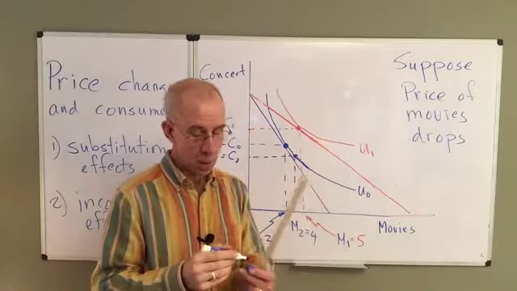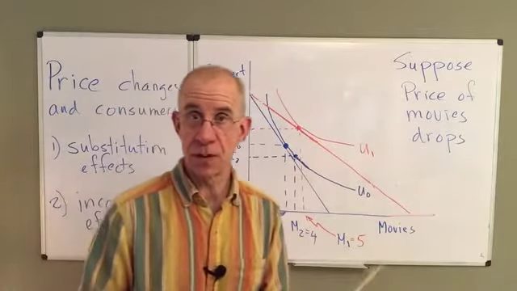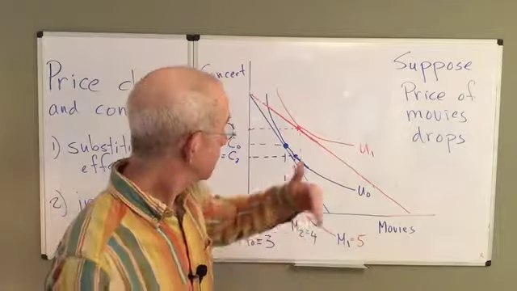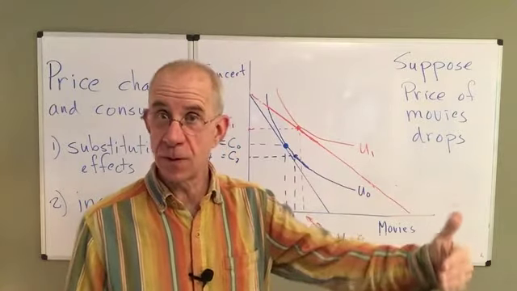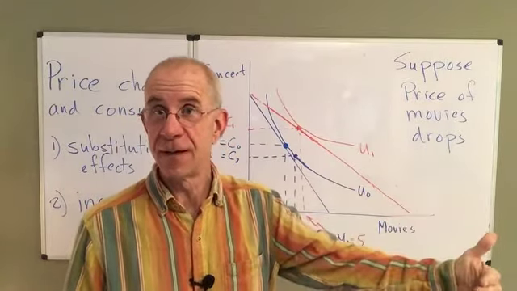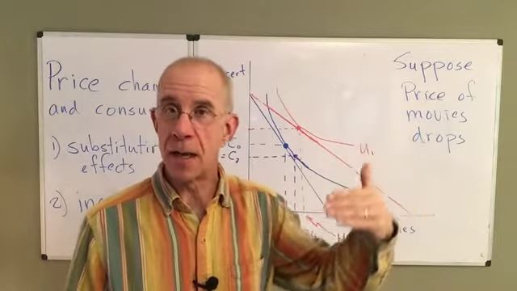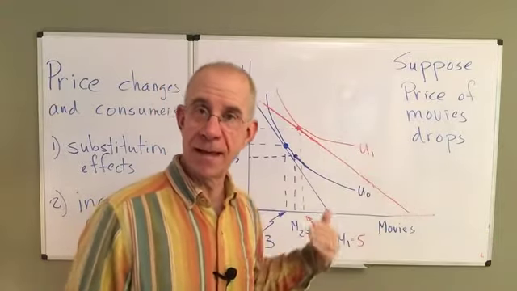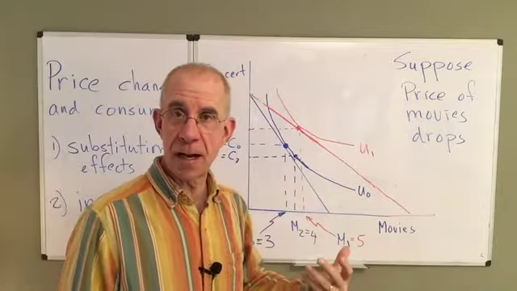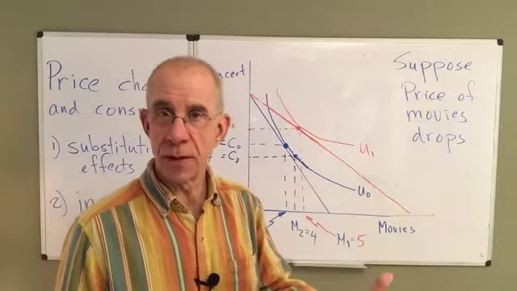Again, let's make sure we understand what we're doing here. We're taking away the increase in the effective income, but allowing consumers to make a decision about what to buy at the new relative prices.